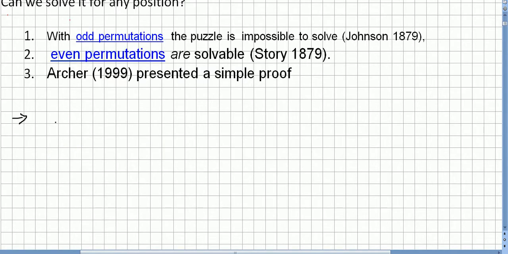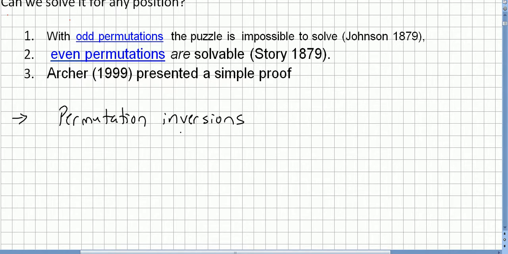So in order to see if the puzzle is or is not solvable, you simply count the permutation inversions. Okay, and that is really simple.